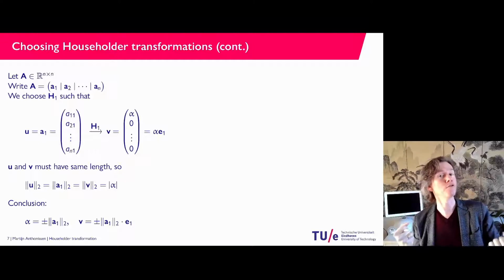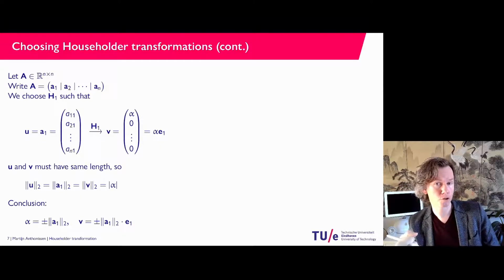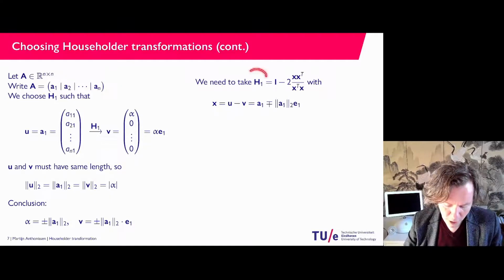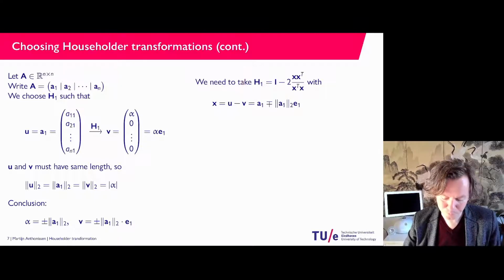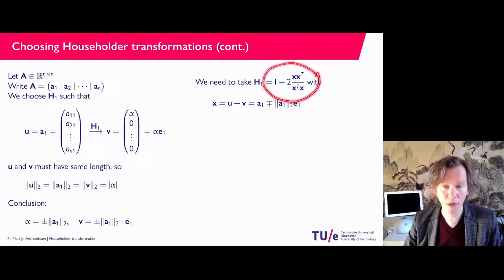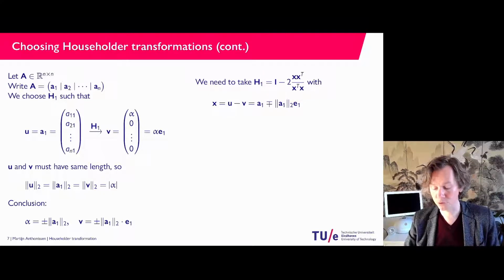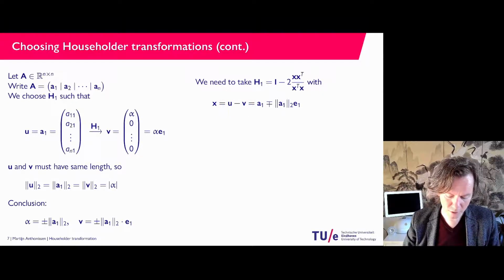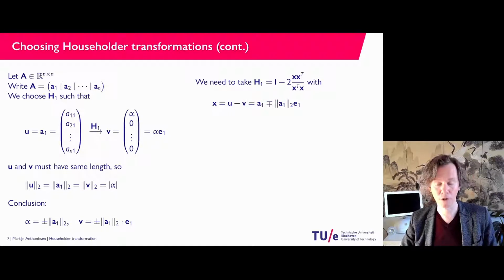Now I have my u and v. For v I have two choices. And the corresponding H1, because it works on the first column, is the Householder transformation that is being induced, if you like, by u minus v, x is u minus v. And since there is a minus sign here, I get minus plus alpha E1.